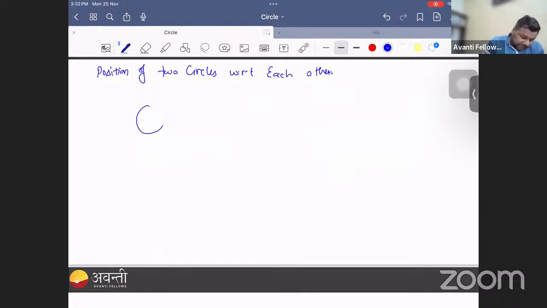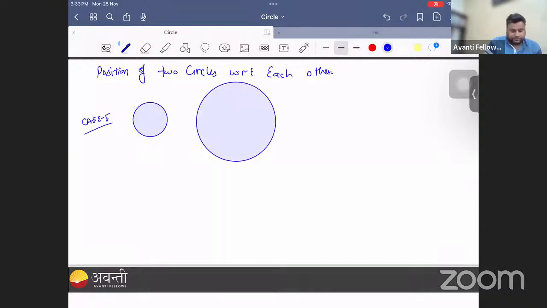Now, position of two circles with respect to each other. See, there is a case where both the circles lie distant from each other. This is the center of one circle, and this is the center of another circle.